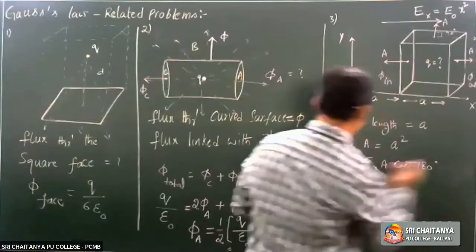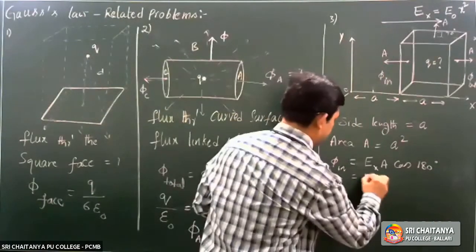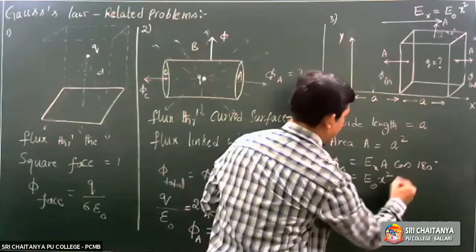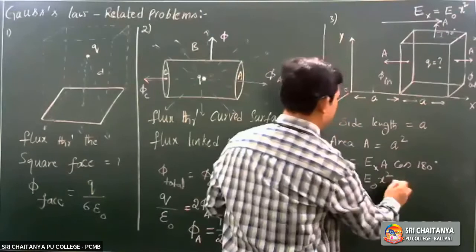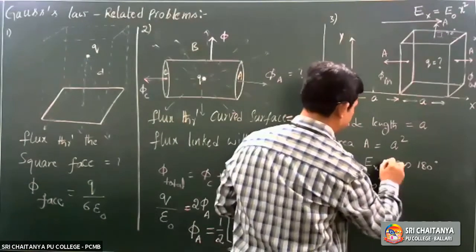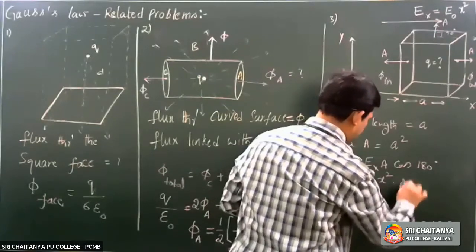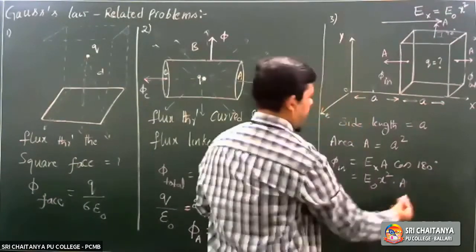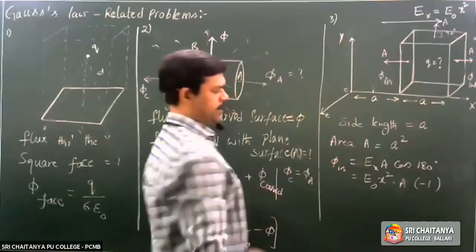One more, here I write: Ex is what? E naught x square, A cos 180, into A. I keep it like this. Cos 180 is minus 1, right?